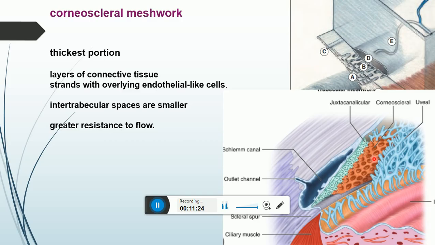It is composed of layers of connective tissue strands with overlying endothelial-like cells. So this is corneoscleral, this is uveal, and this is corneoscleral. The intertrabecular spaces are smaller than those of uveal meshwork, conferring greater resistance to flow.